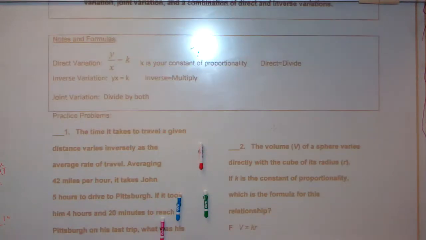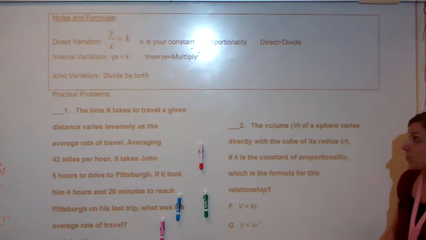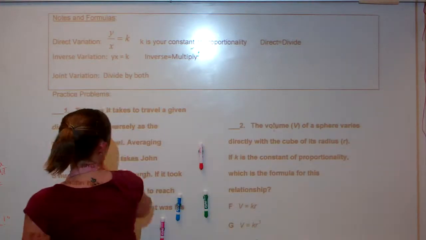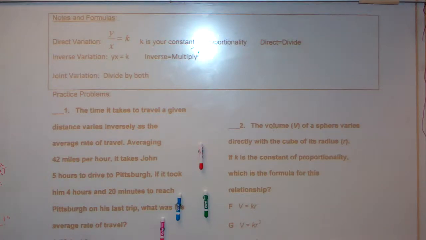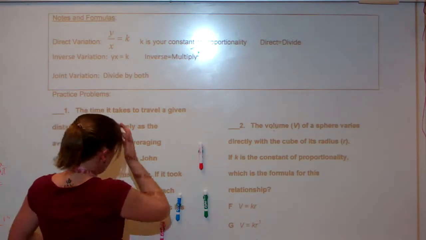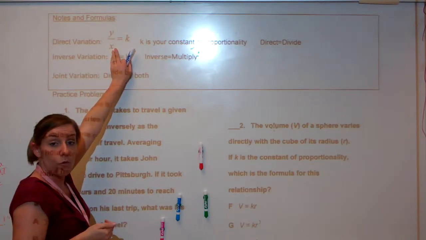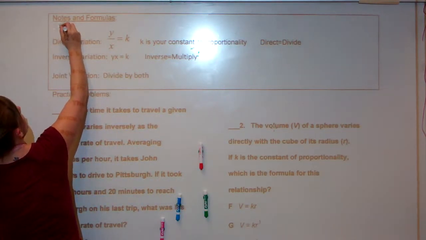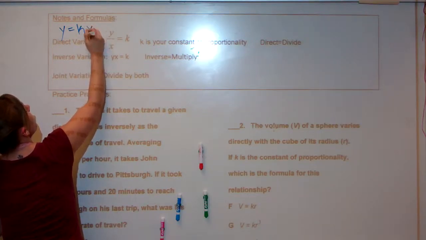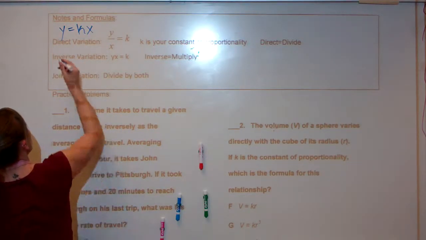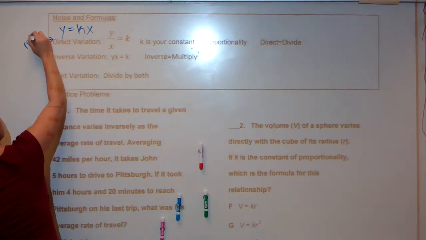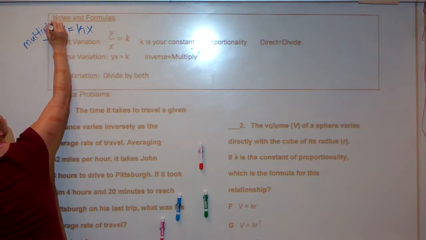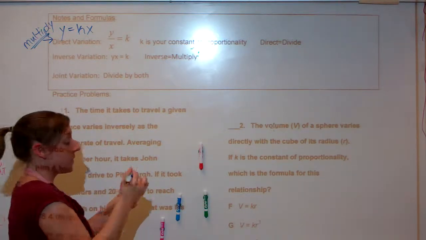So let's look at variation. And I do think some people had some questions on this. What I would clarify at the beginning is that this is the formula you use to find the constant, but the formula we used a lot in class was k times x. So direct variation meant that we multiply whenever we set up the formula.